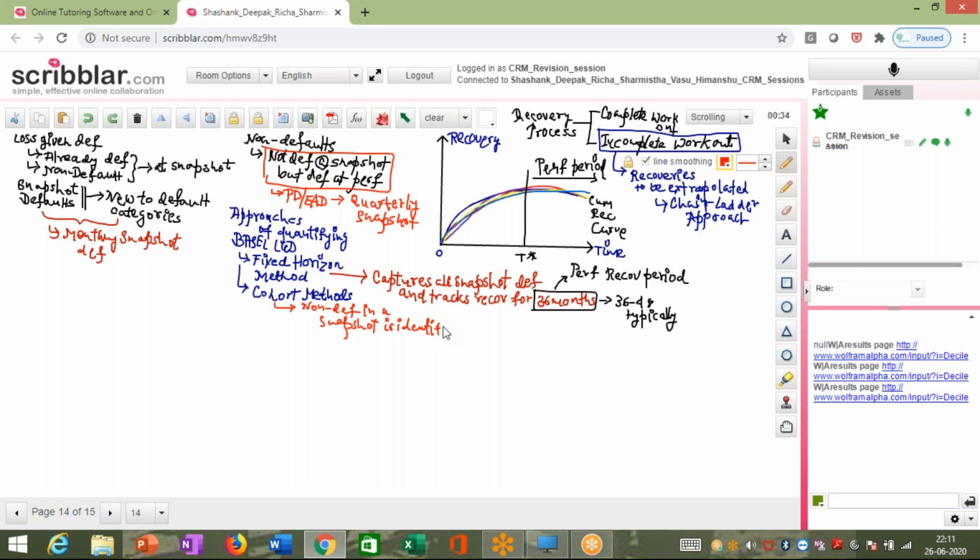because I assume so in this particular problem 36 months was the performance. So if your recovery period is 46 or 48 months, you do it 48 months. If it's 50 months, you do 50 months. If it's 45 months, you do 45 months. But typically it is generally seen that for retail it is between 36 to 48, right? So the next 36 months of recovery is tracked.